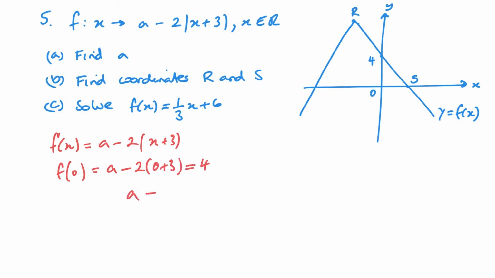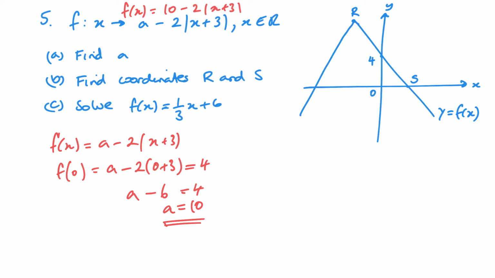So a minus 6 equals 4, so a equals 10. Okay, so very straightforward for the first one. So now our new function looks like f of x is 10 minus 2x plus 3.